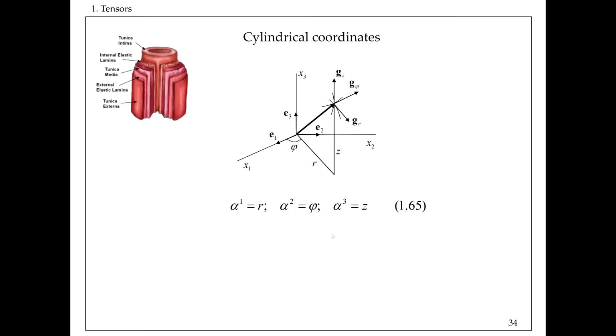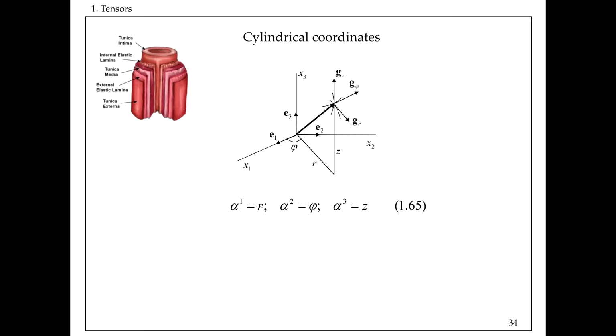So we introduce this set of new coordinates. We use superscripts 1, 2, 3 just to distinguish them from the regular Cartesian coordinate system. These are generic names, alpha 1, alpha 2, alpha 3, and now we are giving them proper names in our coordinate system.